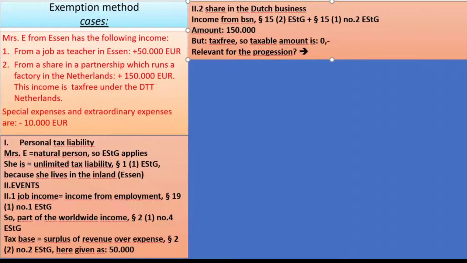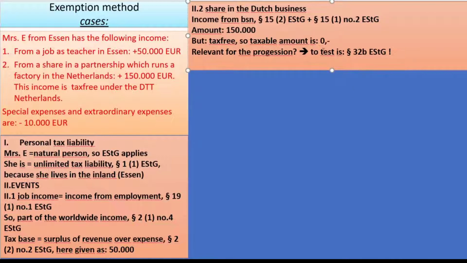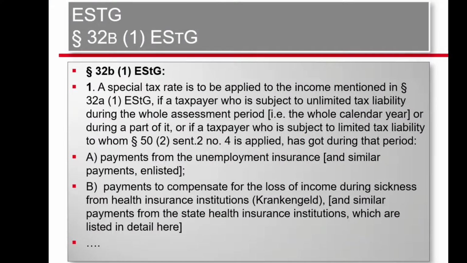That is to be assumed, and to test is naturally the legal source for that, 32B ESTG. So we should try to have a look into that particular legal rule. Well, here we have that particular legal rule. Here is a list of all that taxable or tax-free income, which plays a role for the auxiliary calculation, which is necessary for determining the socially adequate tax rate for an income taxpayer.